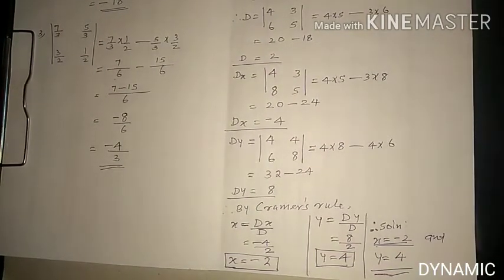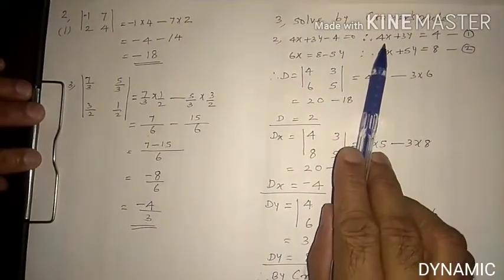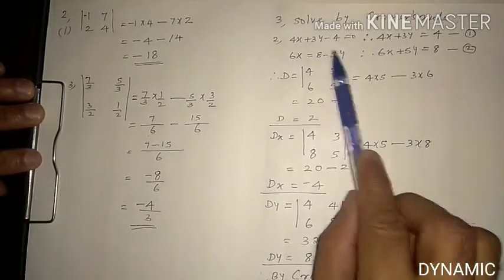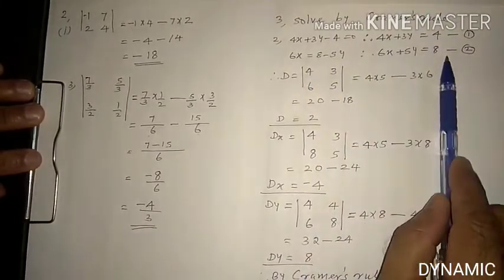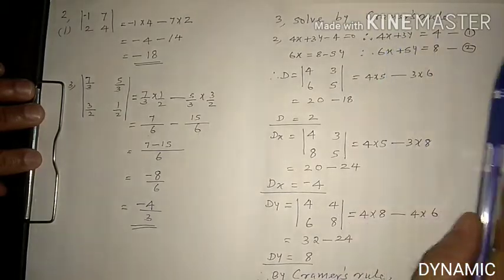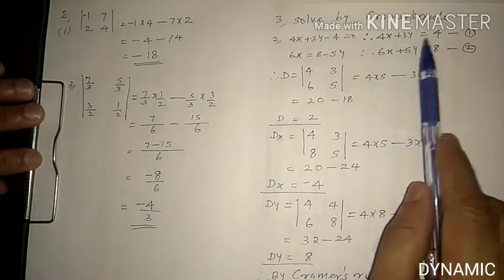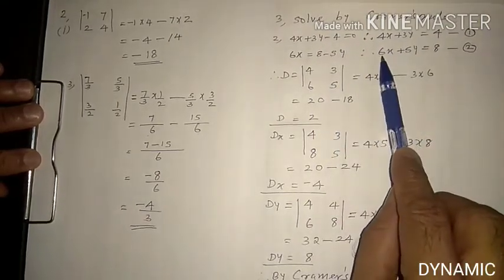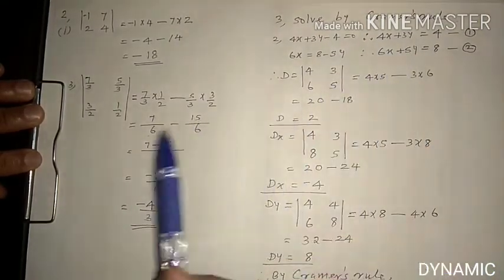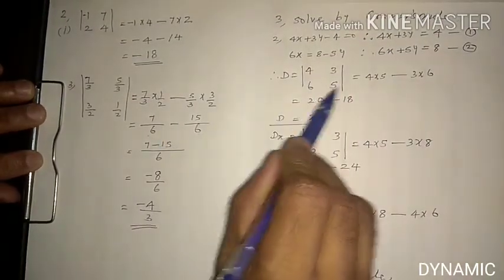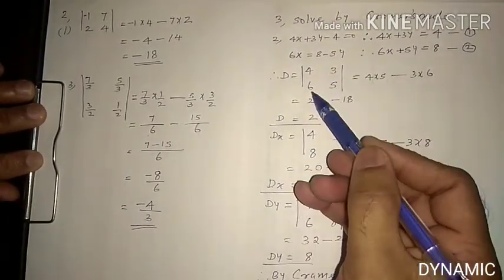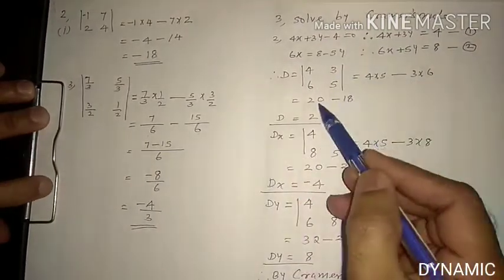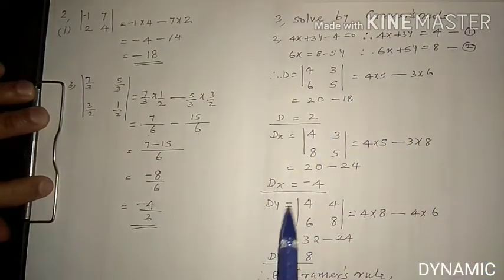How we solved it? Given equation we write in the form of x, y equal to constant. Second equation also we write x, y equal to constant. Then we write D, the basic determinant. First row 4, 3. Second row 6, 5. Then we expand it. 4 into 5 minus 3 into 6. 20 minus 18, 2.